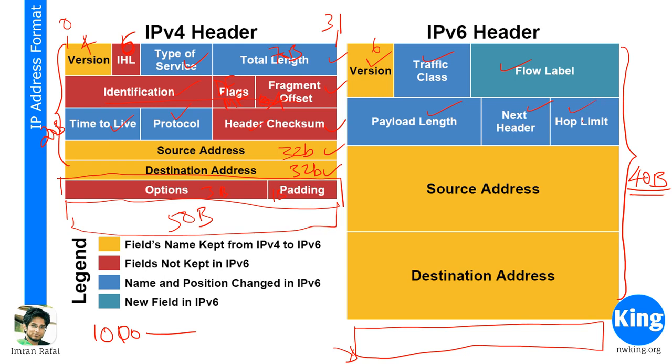Hop limit is comparable to TTL, right, and it is a loop prevention mechanism. Then 128 bits for source address and 128 bits for destination address, and that's how you get 40 bytes of header for IPv6. Now, like I said, IPv6 is much simpler, so it's much more efficient for the router to make routing decisions using IPv6 headers.